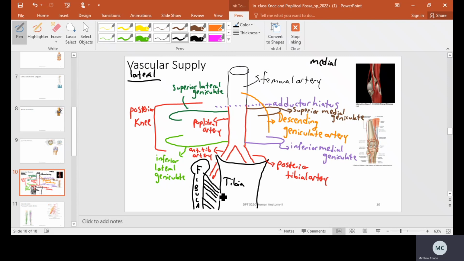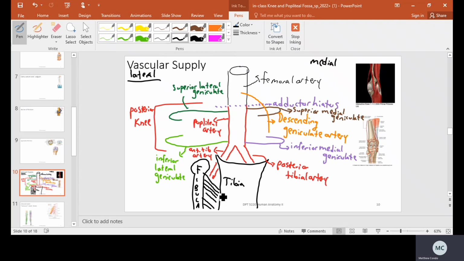There's an interosseous membrane between those two structures. The same thing is going to happen here. So my anterior tibial artery is going to shoot through an aperture, an opening in the interosseous membrane, and it literally is going to give all the blood supply to the anterior compartment.